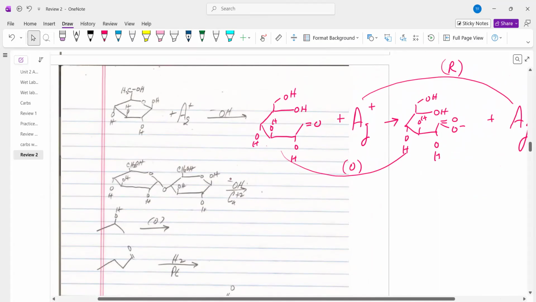Here we have maltose in a Benedict's test. So it has to have a hemiacetal present to open up, and we do. On the right side, the right glucose has the hemiacetal; the left one is in a full acetal, which cannot open up.